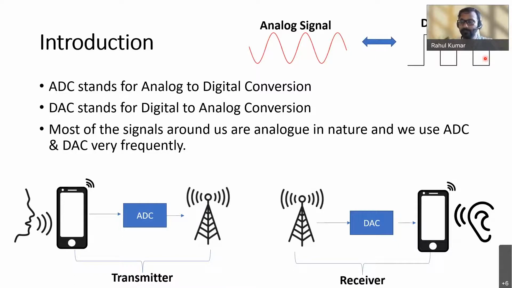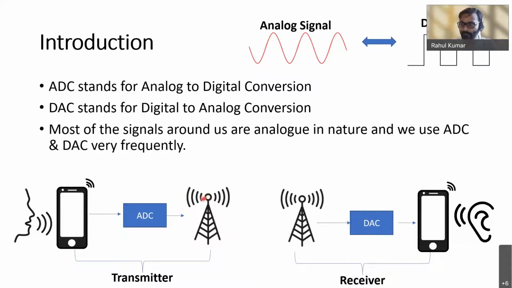When you use your mobile phone to talk with someone, your voice is analog. So your mobile phone will convert the analog signal into a digital signal and send it to a nearby mobile tower.